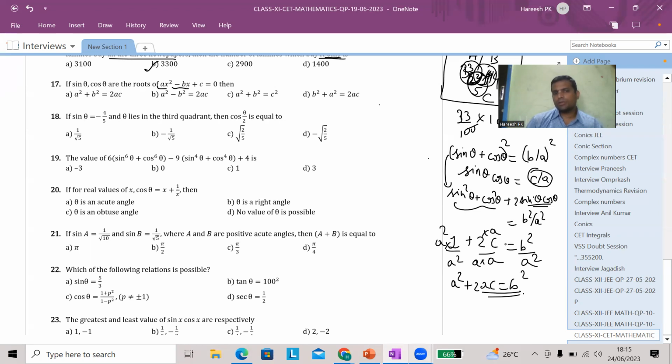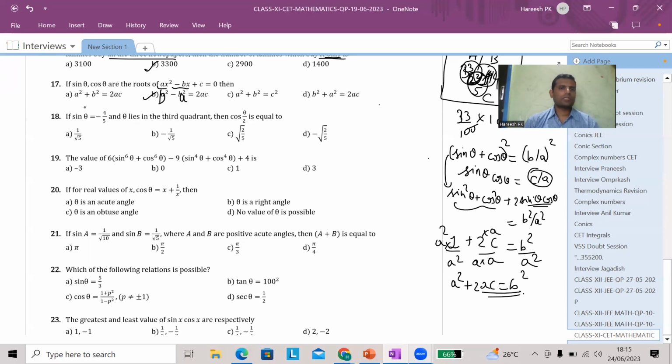So 2ac you get. So the right answer is a square minus b square is minus 2ac. Or this has to change. It has to be b square minus a square equals to 2ac. So there's a mistake in the options, looks like.